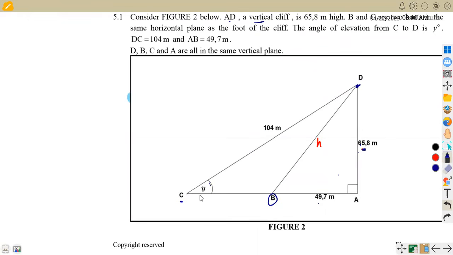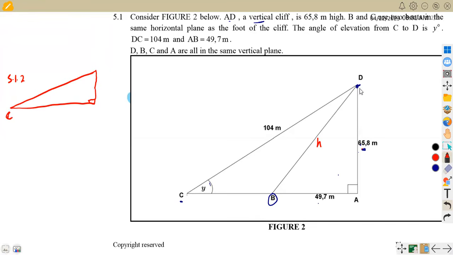All right. Take note of this diagram that we are given. If you consider this whole triangle here, we want to calculate this angle here. If you consider this triangle, I want you to see something from point C to point D and to point A. We have C at this point here.